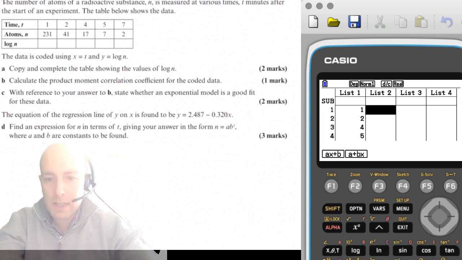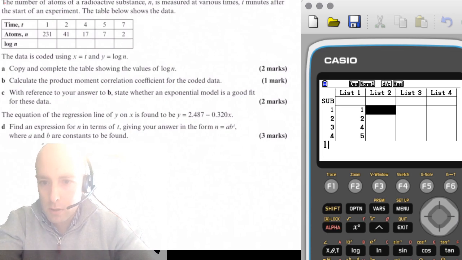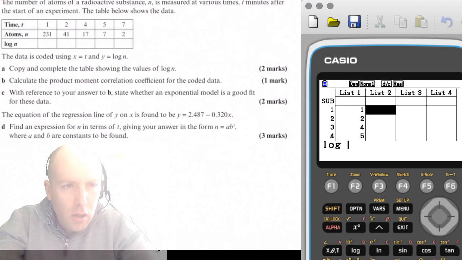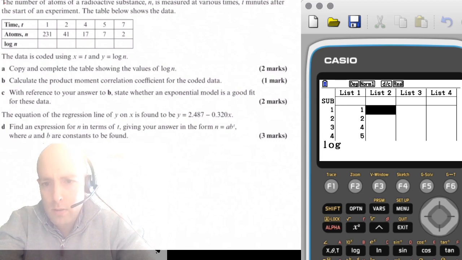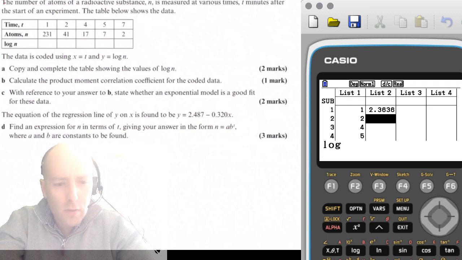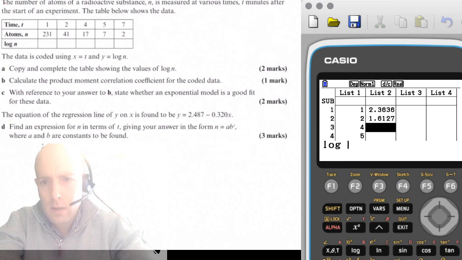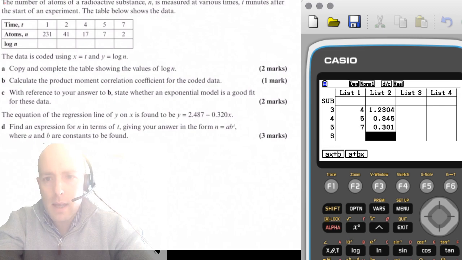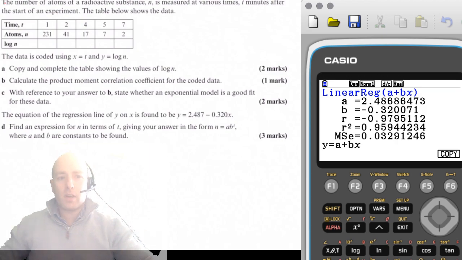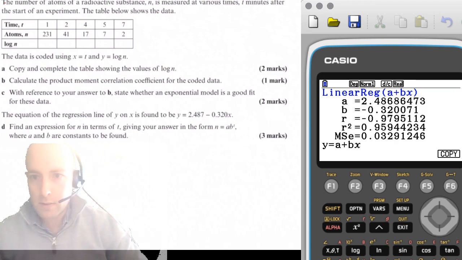And here I can just be lazy and type in log 231, log 41, log 17, log 7, log 2. There we go. So I've kind of skipped the copying the table part, but you can see the values there.